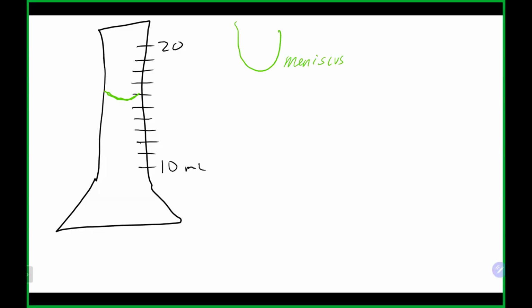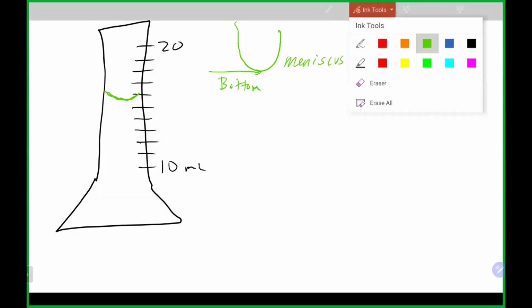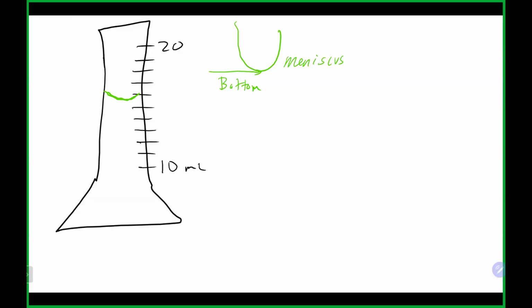And in most cases, the meniscus will actually be this kind of U shape. And when you read a volume, you should always read from the bottom of the meniscus, especially if it's a U. By the way, it can't go the other way, and then you should read from the top, but you should read from the bottom in most cases. The reason for that is something we'll talk about in a much later chapter.